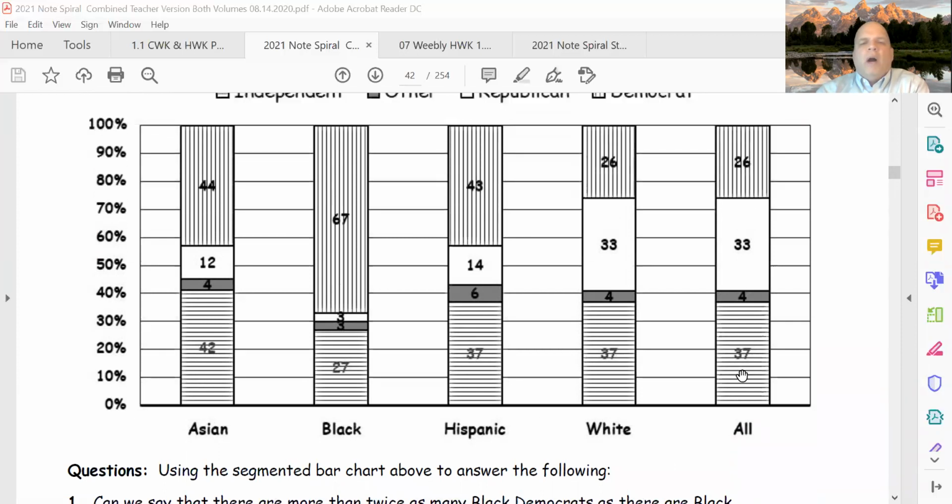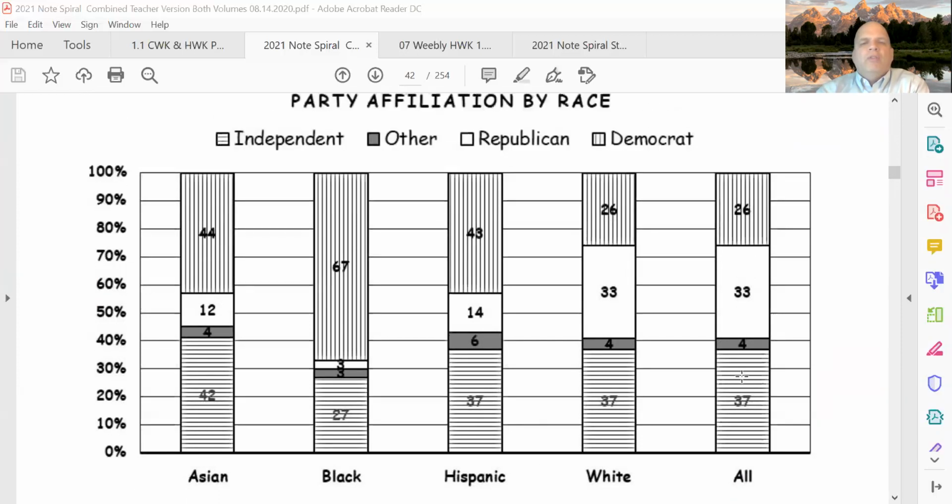All right, so white Republicans, 33% of whites are Republican, and 67 is more than twice as much. So can we make the claim? And the answer is no.